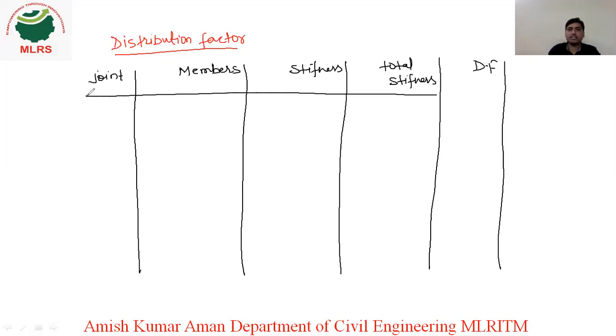So how many joints are there? Two joints, that is B joint and C joint. For B joint, members are BA and BC. For C joint, we have CB and CD.